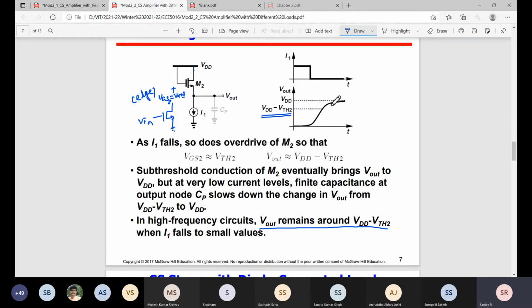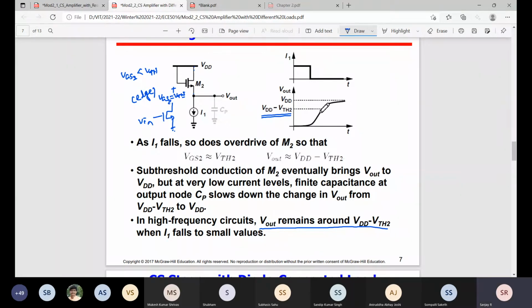Due to this parasitic capacitance, it will not quickly charge to VDD. At VGS lesser than VTH, it should reach VDD, but due to parasitic capacitance, it will take more time.